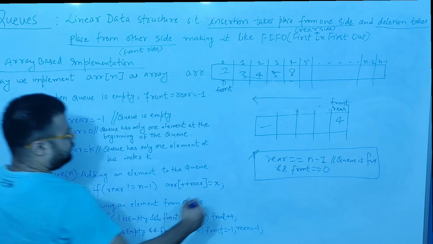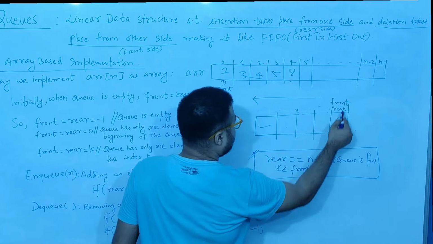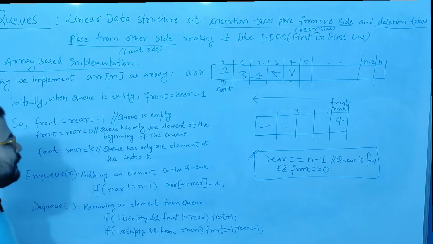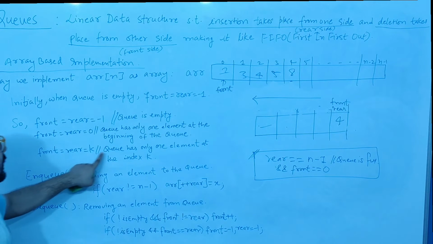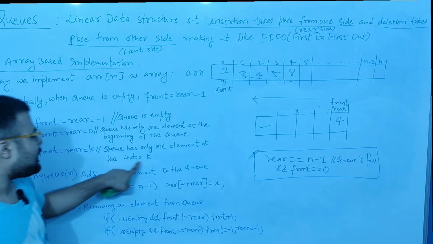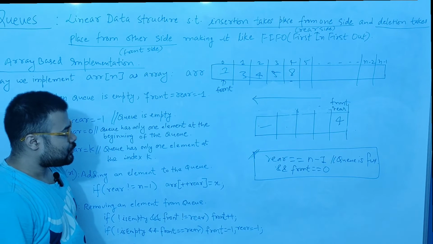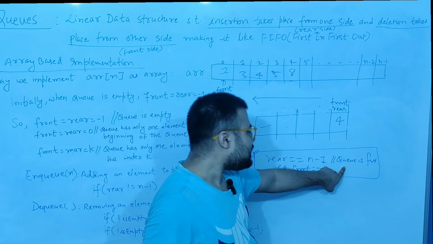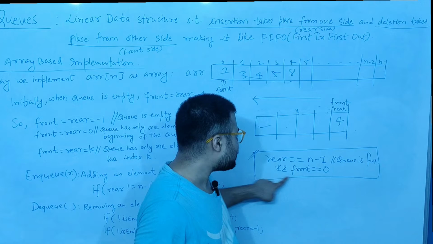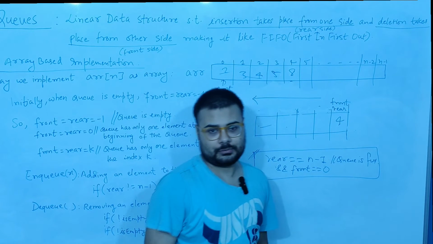In this case also, where front is equal to rear is equal to k, the queue has only one element at index k. So the queue is full when rear is n-1 and front is equal to 0.